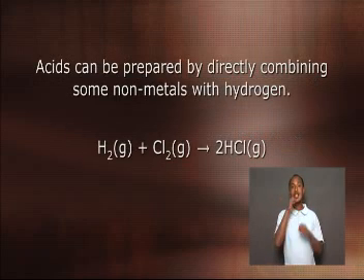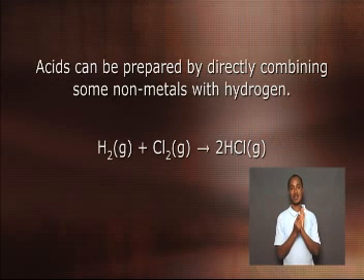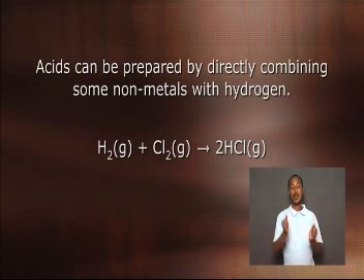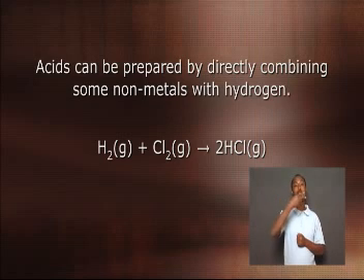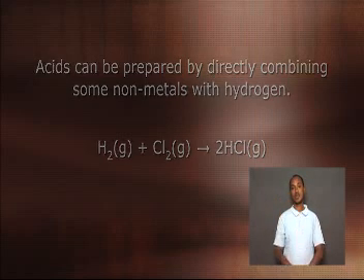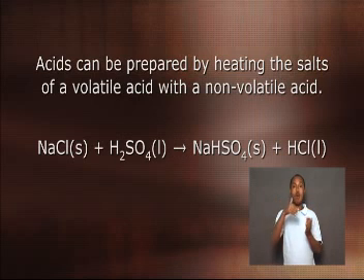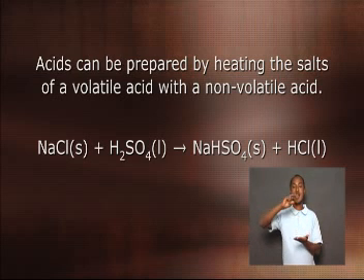Acids can be prepared by directly combining some nonmetals with hydrogen. For example, when hydrogen reacts with chlorine, hydrogen chloride is formed. You might also have mentioned that when hydrogen reacts with bromine, hydrogen bromide is produced. Acids can also be prepared by heating the salts of a volatile acid with a non-volatile acid.